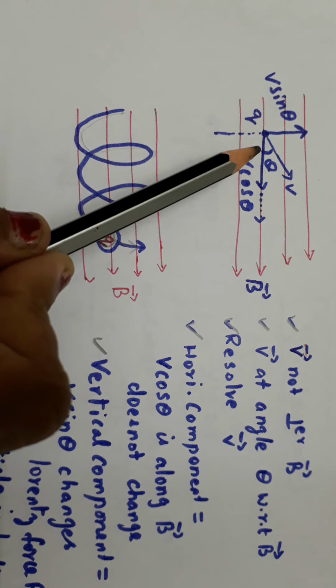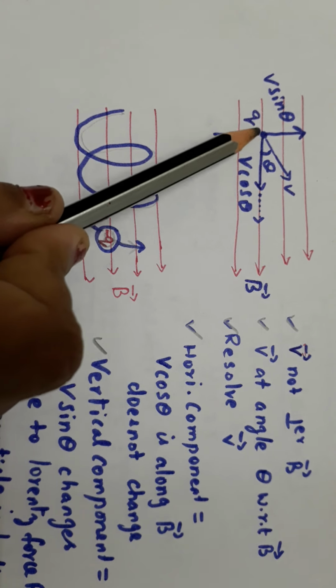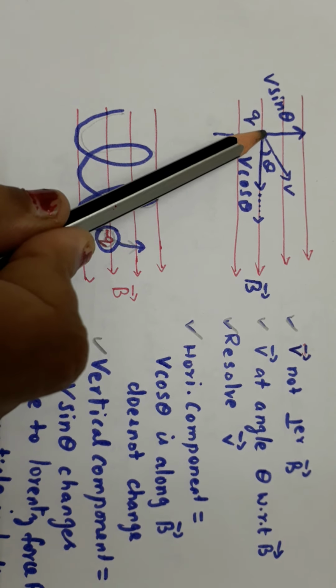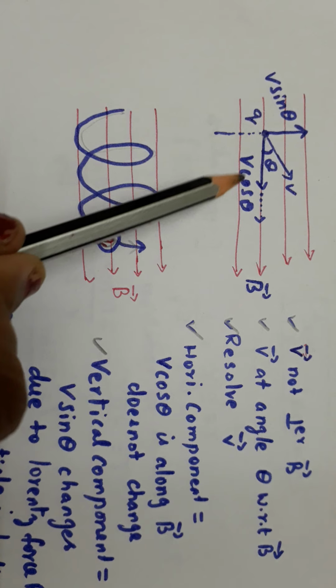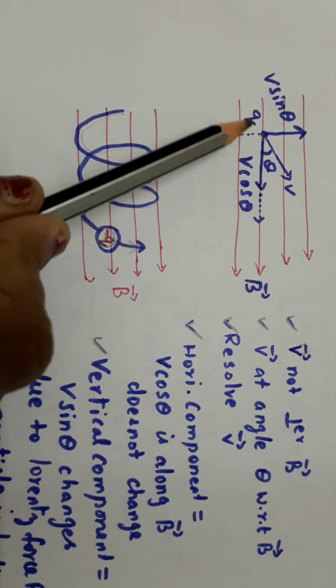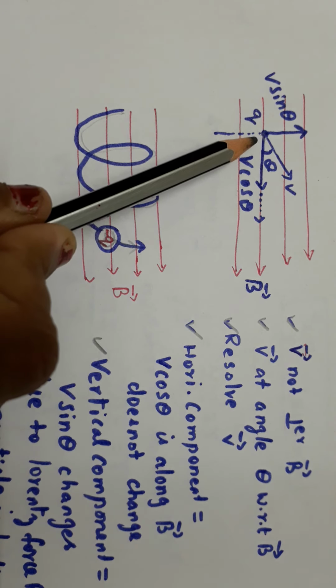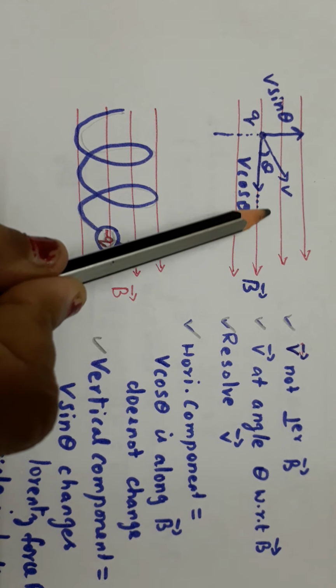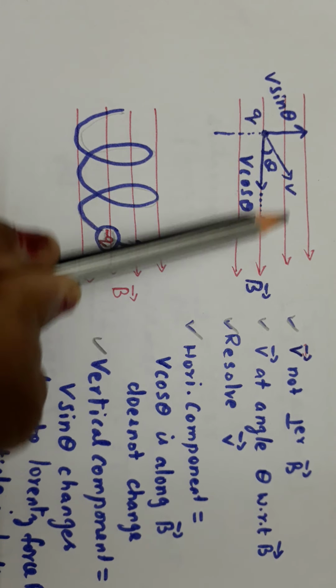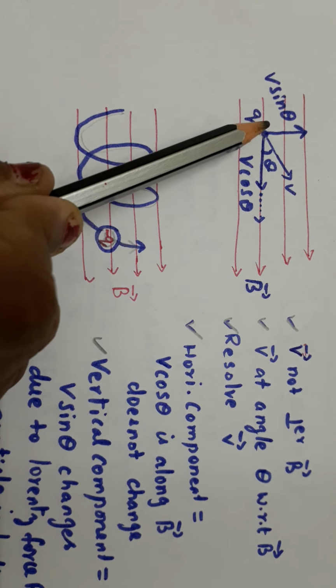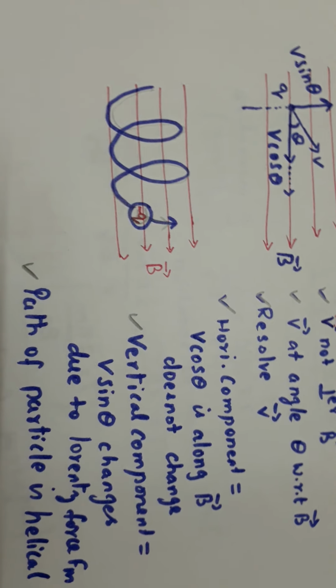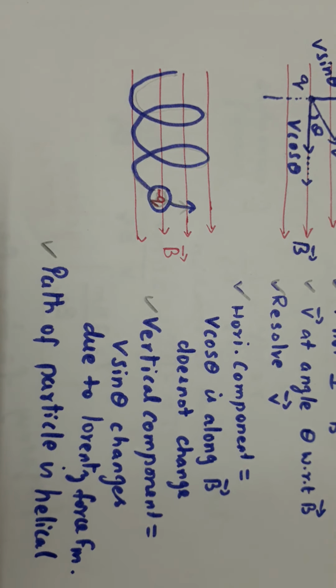So what will happen to this charge in such a situation? This component will not affect the charge movement, it will not affect the velocity, right? But this vertical component, V sin theta, will change due to the Lorentz force.